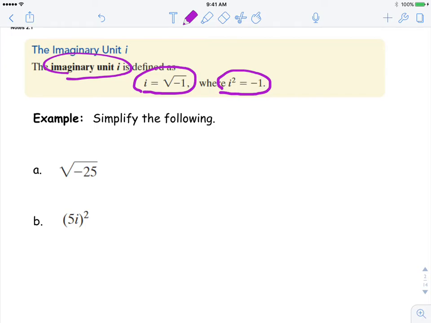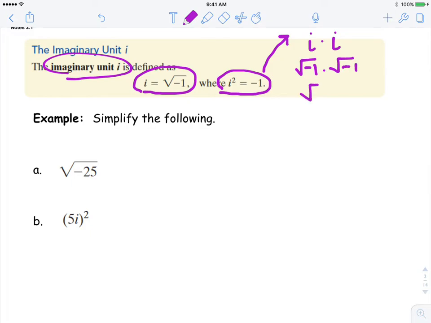I want to explain why i squared becomes -1. When you split up i squared, you have i times i. Then I'm going to replace those i's with the square root of -1 and the square root of -1.